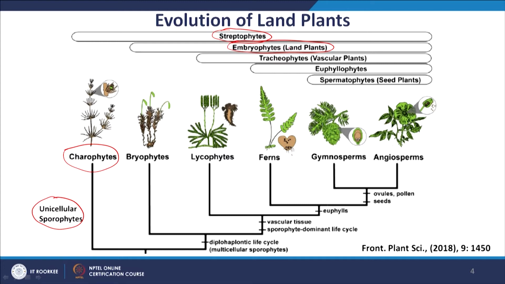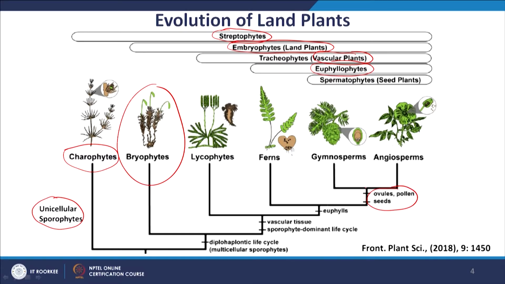Embryophytes can be further divided into non-vascular plants and vascular plants. The Bryophytes belong to the non-vascular plants, and from the Lycophytes onwards they belong to the vascular plants. Later during evolution, there is true leaf formation, and then the evolution of seed-like structures.